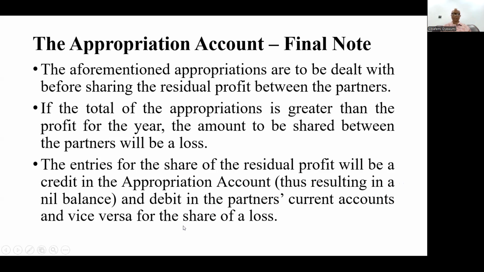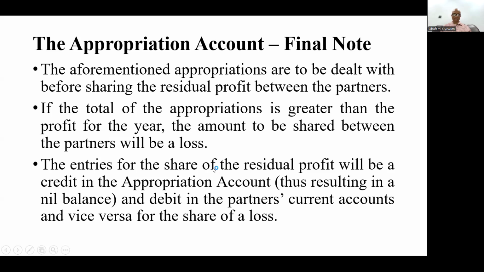So if there is a loss, then of course, what do you do? If there's a loss, you're going to debit the partner's current account, and then credit the appropriation account. Okay, that talks about the final notes in this particular matter.